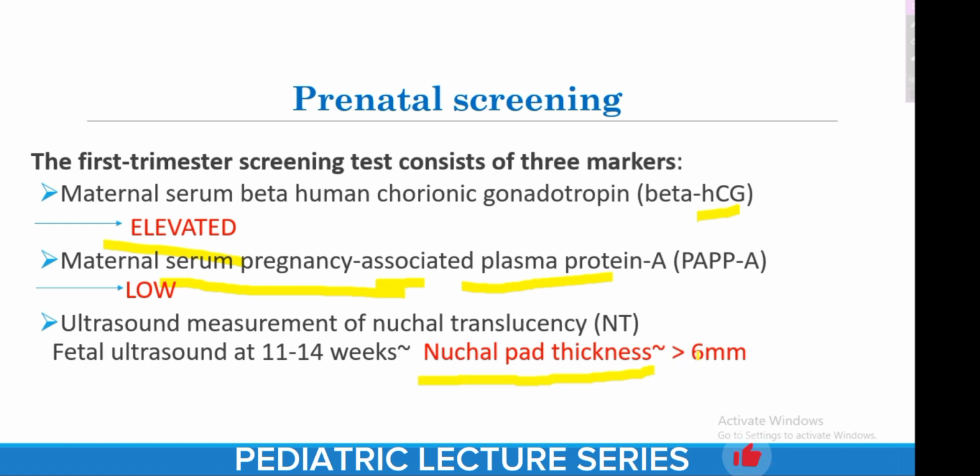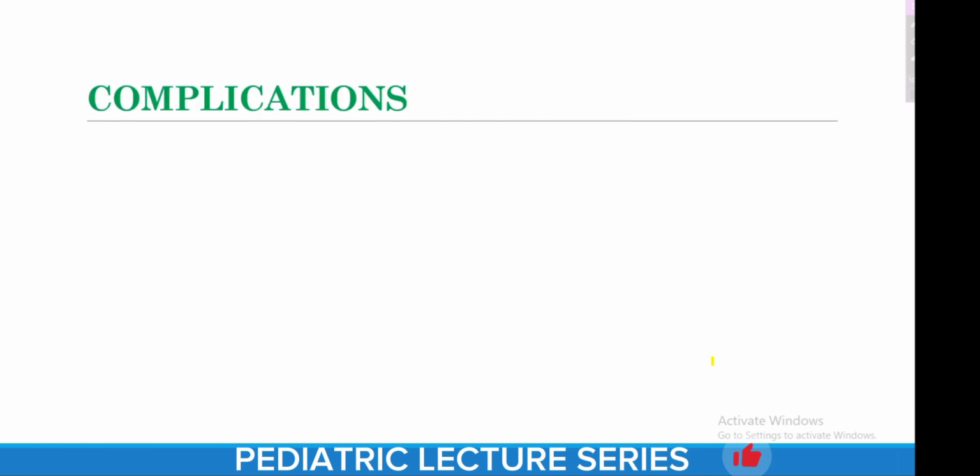It will be approximately greater than 6 mm, which is greater than normal. And then karyotyping is the only definitive diagnosis.